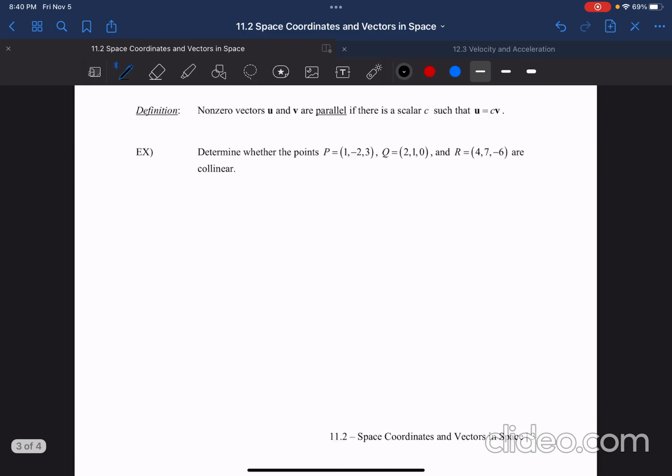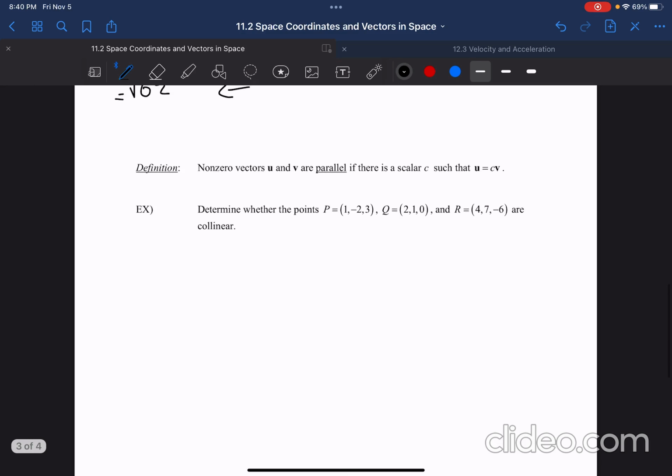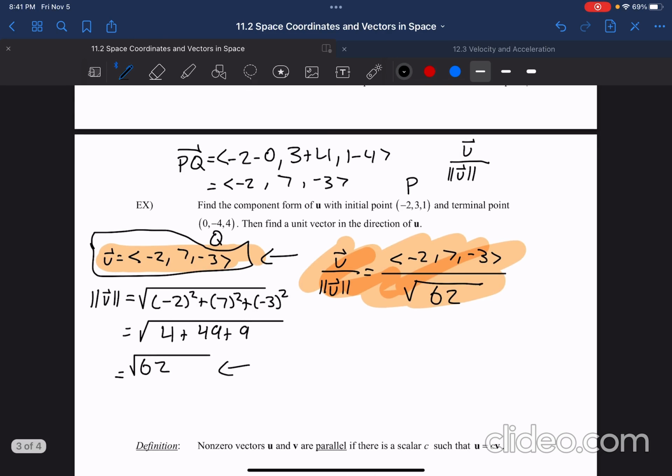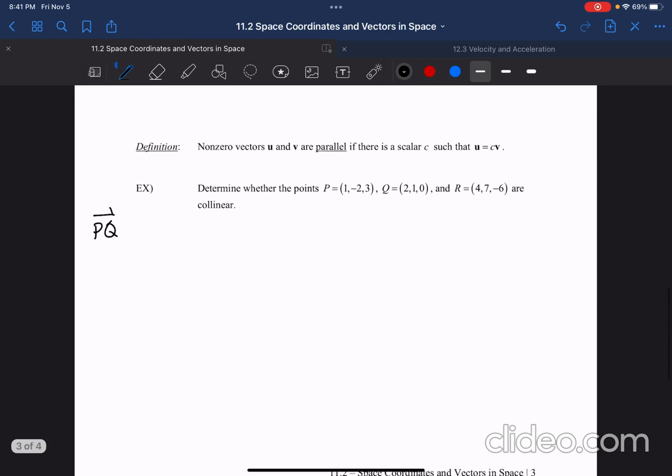So next example. Determine whether the points P, Q, and R are collinear. So what you want to do here is, first of all, find P to Q, which was shown how it's done in the example above.